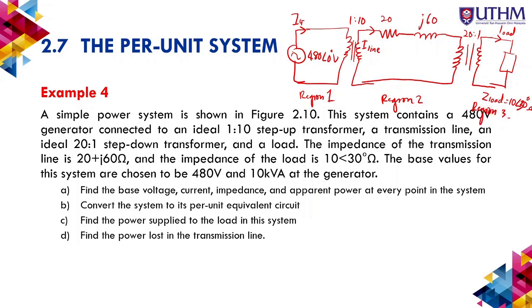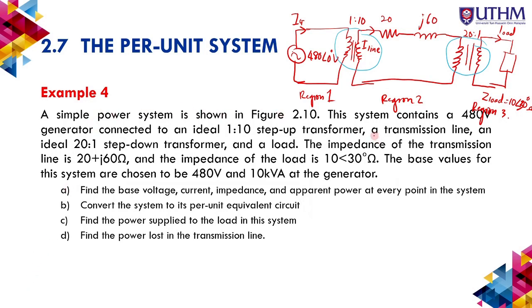Okay. So what we can see from here, we have 2 transformers. This is the first transformer, and this is the second transformer. So read again: a simple power system is shown in this figure.